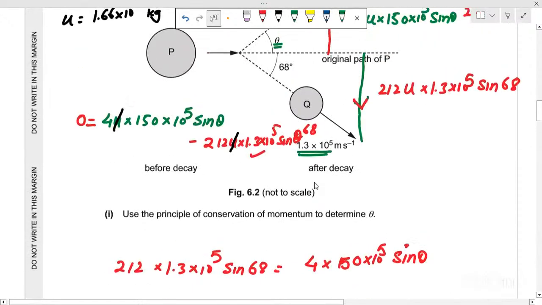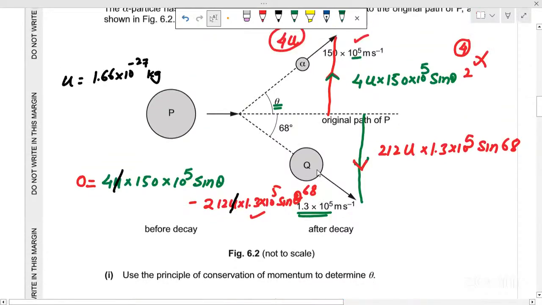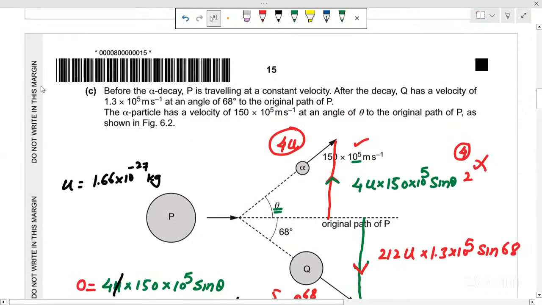I hope you know the rules of rounding. If the question is given in two significant figures, as you know, all data is given in two significant figures, 1.3 times 10 power 5 and two significant figures. This last zero can be significant or it can't be. It depends on the rounding.